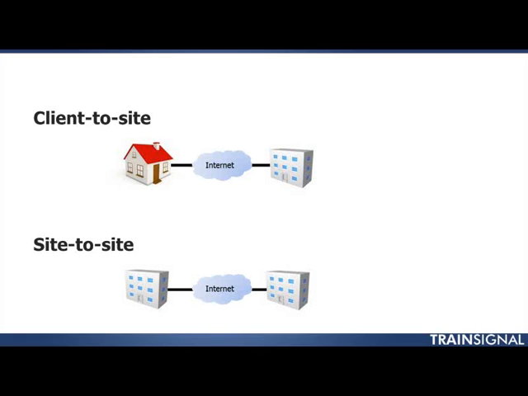You can set up things that talk about, is the user coming in during the correct time of day? There's all sorts of different settings that a VPN server can use to help control whether a client gets in. And again, remember, in site-to-site, you're going to have VPN servers on both sides so that either site can get a hold of the other site and do so securely via the internet.